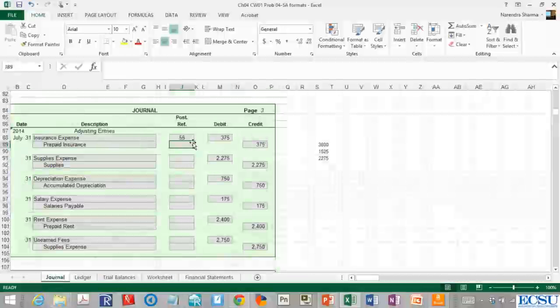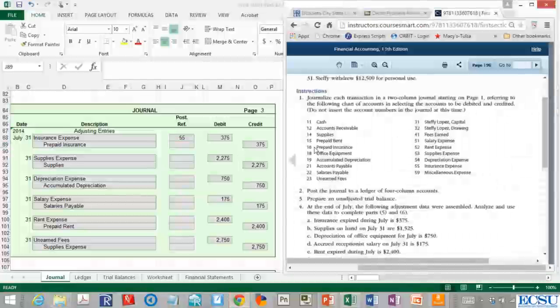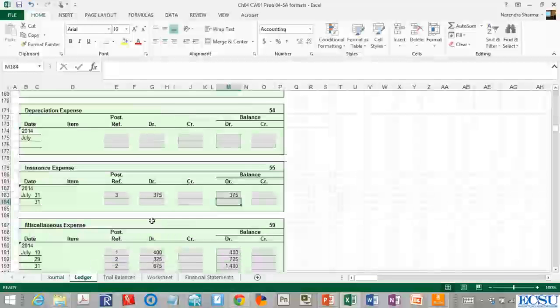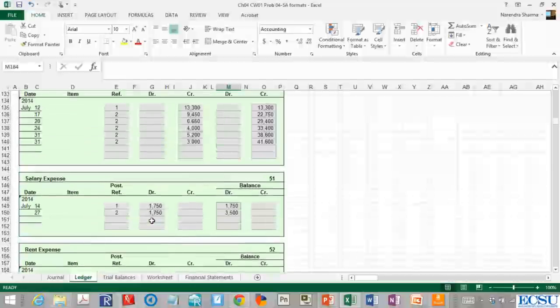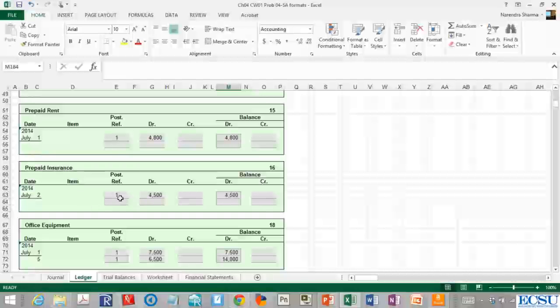Second is prepaid insurance. So let's find out what was the prepaid insurance. Prepaid insurance was number 16. So we'll have to go and find number 16 journal. So we write in the ledger folio as 16, and then let's go to number 16. Here it is, 16 prepaid insurance. So that was done on July 31st, and it was a credit, I guess.